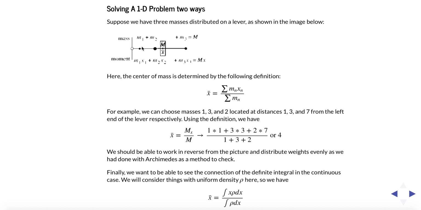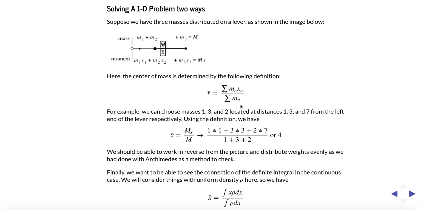For example, if these masses are of mass 1, 3, and 2, and they're located at 1, 3, and 7 away from the end of the bar, then the center of mass will be the sum of the moments, these distances times the masses, so 1 times 1, this mass 3 times distance 3, this mass 2 times distance 7, over the total mass, which is 1 plus 3 plus 2, so we get 4. And that's exactly where this would balance.